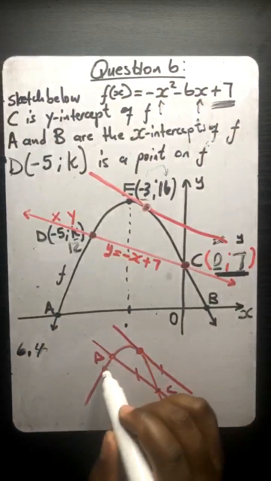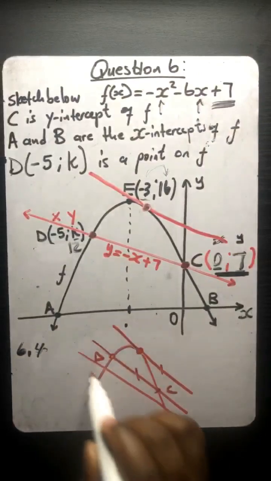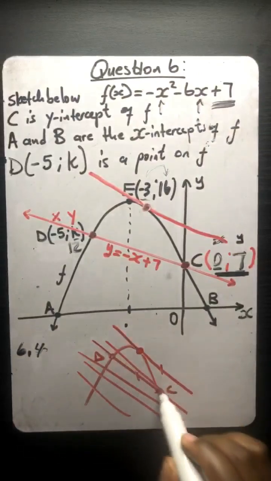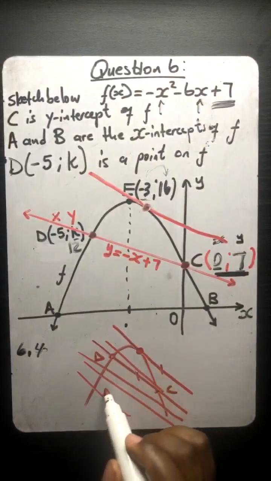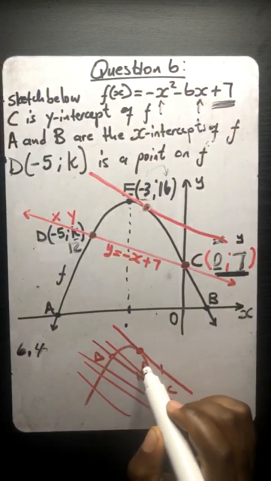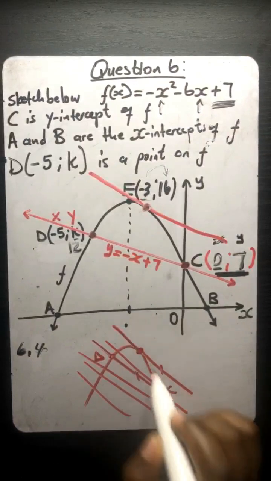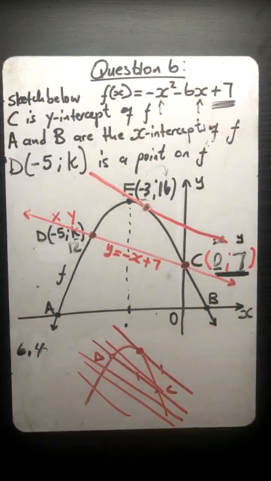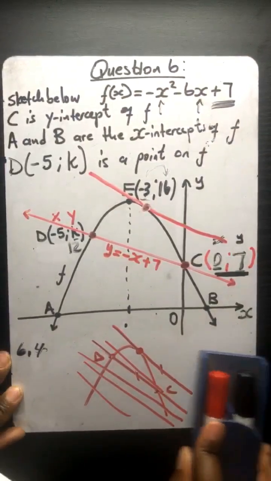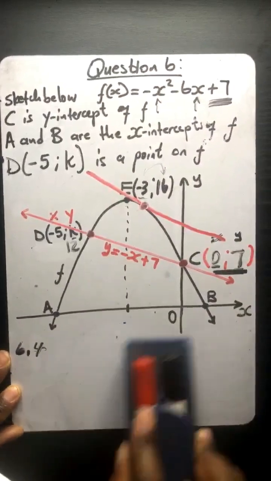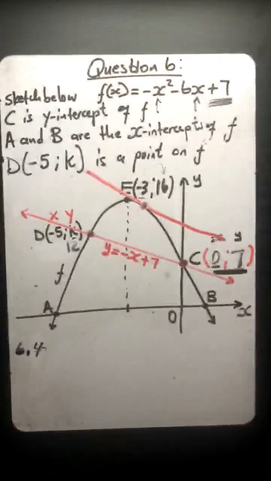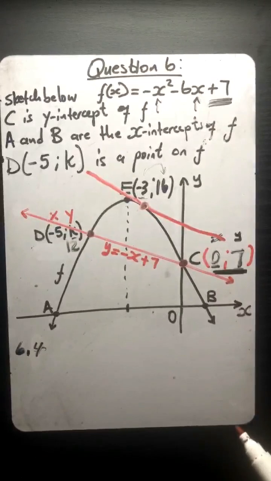Because if you draw it below, it's going to touch it 2 times. Anywhere you draw it below, it touches 2 times. That's why I had to draw it somewhere above such that it touches only once. So the trick in this question is for you to remember that parallel lines have equal gradients. That's all that you need to remember.